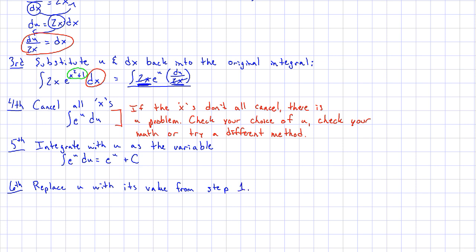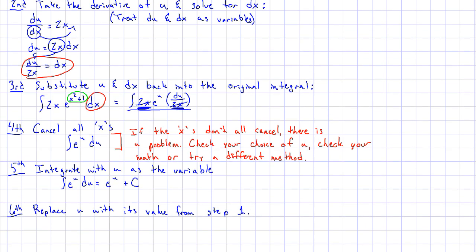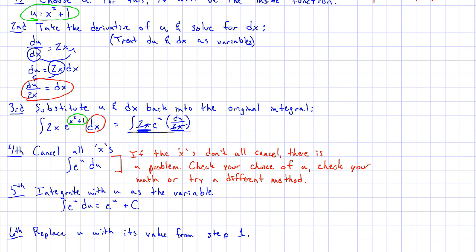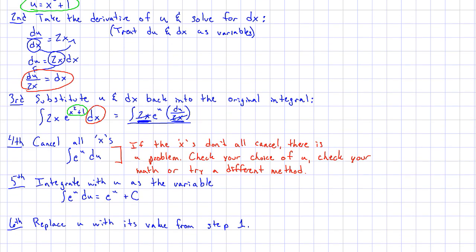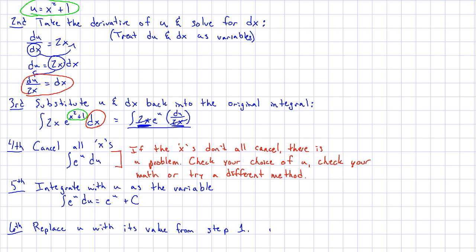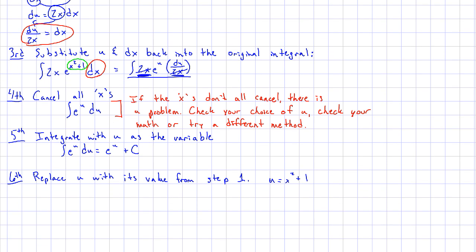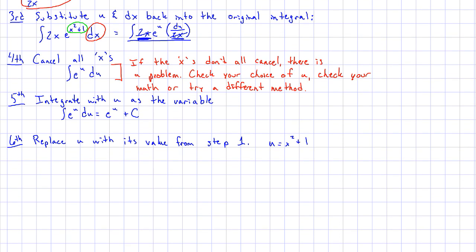So in this problem here, I can scroll up. u was equal to x squared plus 1. So I will go ahead and replace u with x squared plus 1.